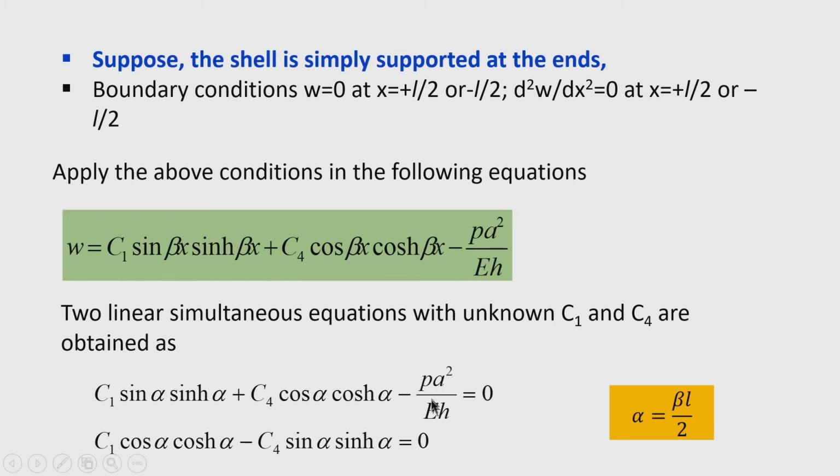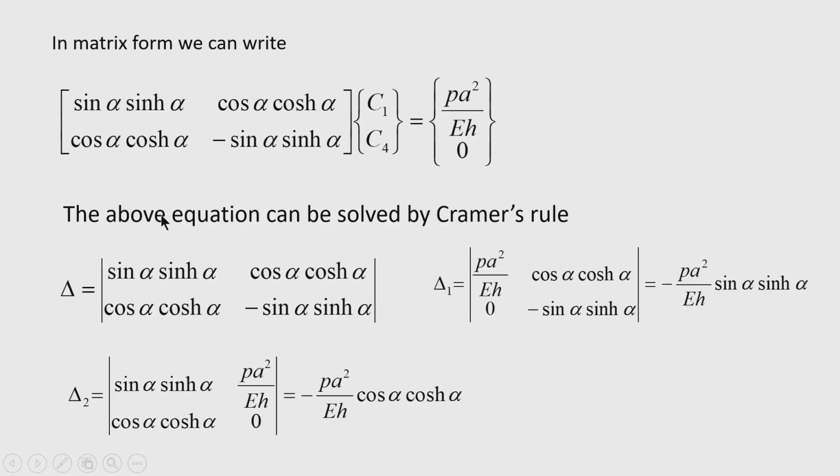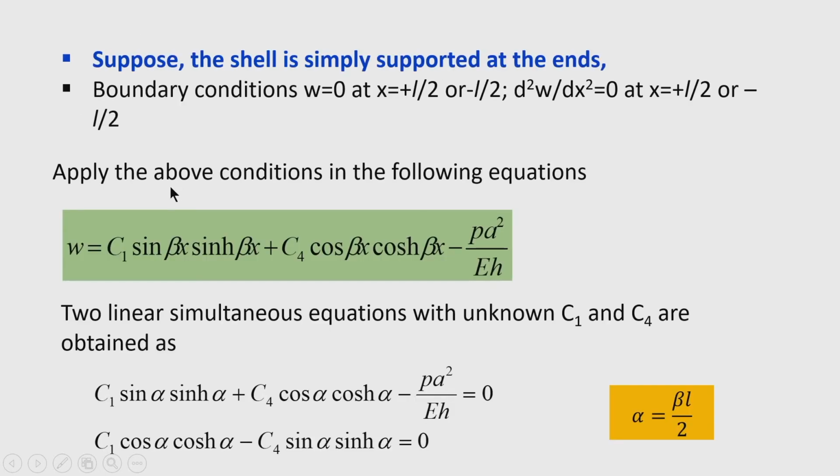Okay. This equation can be solved because it contains two unknown quantities C 1 and C 4, other quantities are known. So, we can solve two simultaneous equations with two unknowns. Here I used the solution with Cramer's rule. So, we write the equation in matrix form.